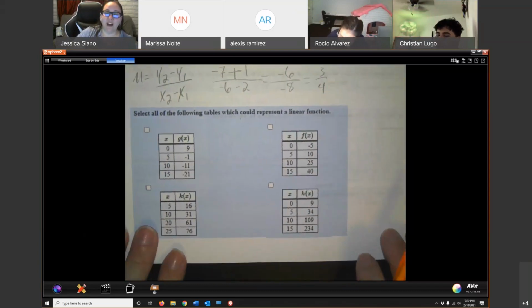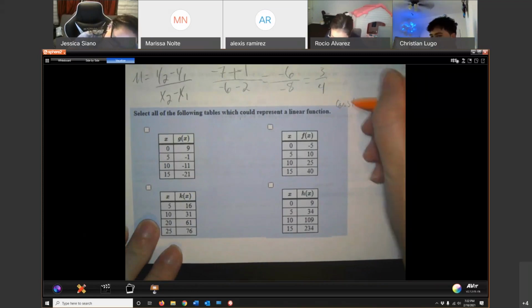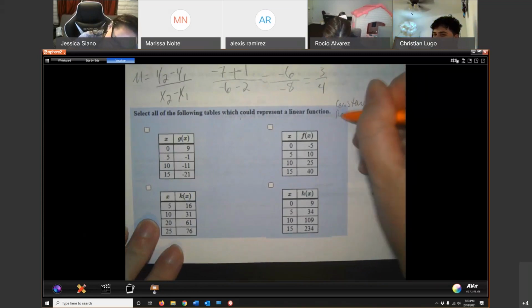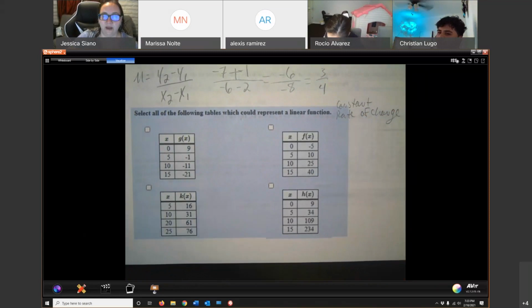So, if we are asked whether or not a table represents a linear function, what we're looking for is a constant rate of change. So what we're going to do is find the rate of change in between each set of points and make sure that that rate is constant.